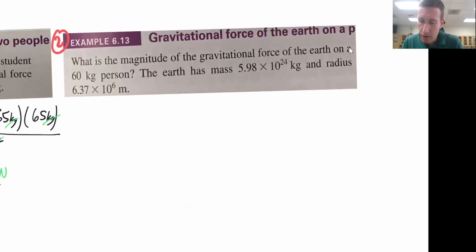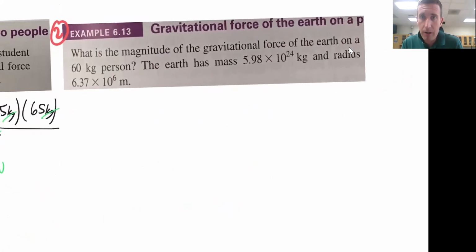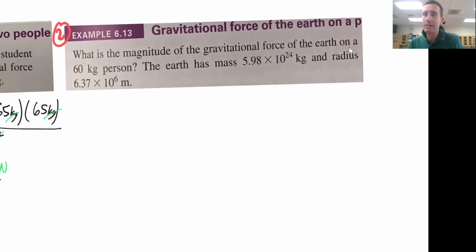So gravitational force of the Earth on a person. So, okay, now we're dealing with the Earth. The Earth is much bigger. This is good. I feel better about the Earth. It's large. Look at that, 10 to the 24th kilograms. I think this might play in a little bit better.